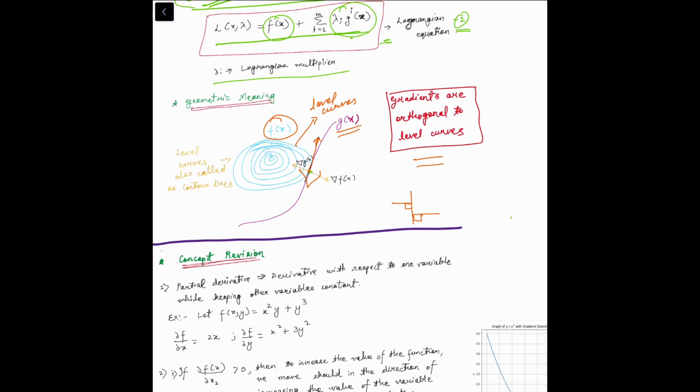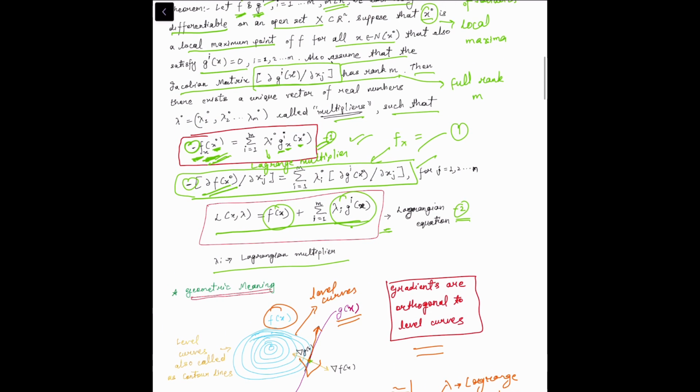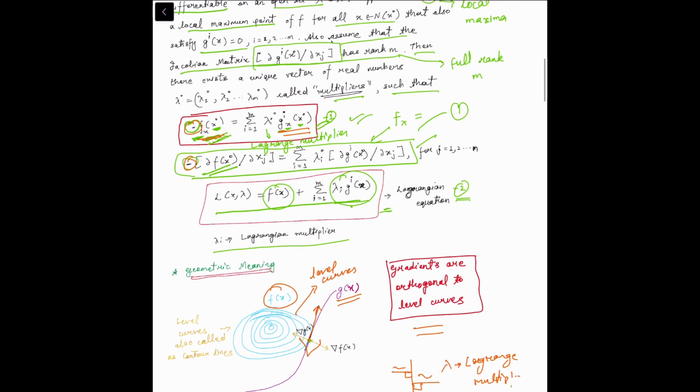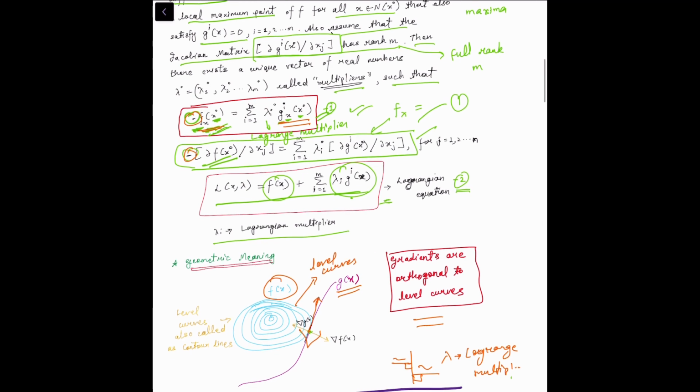This scalar multiple is called the Lagrange multiplier. Thus we can see in this equation why their first derivatives are equated. The negative sign here is only to bring the two gradient vectors in the same direction.